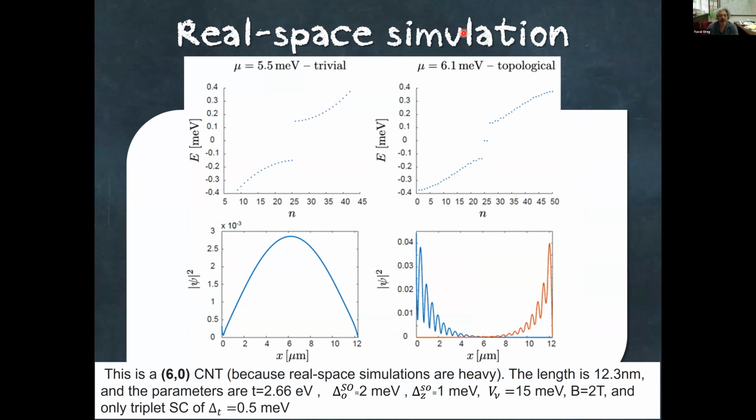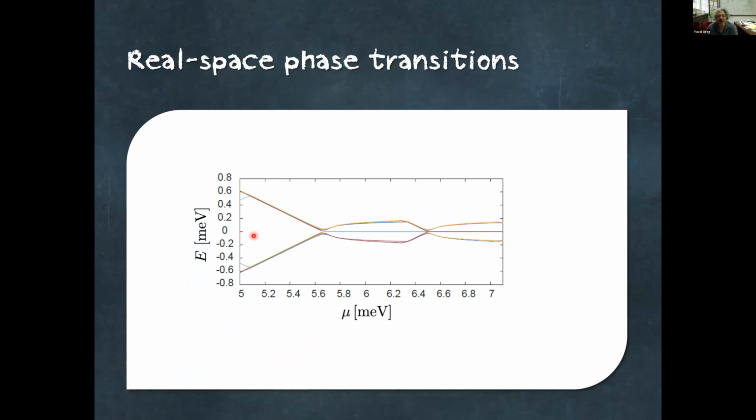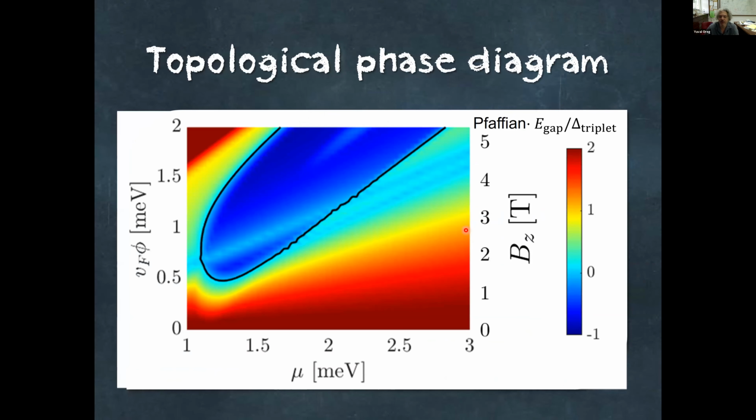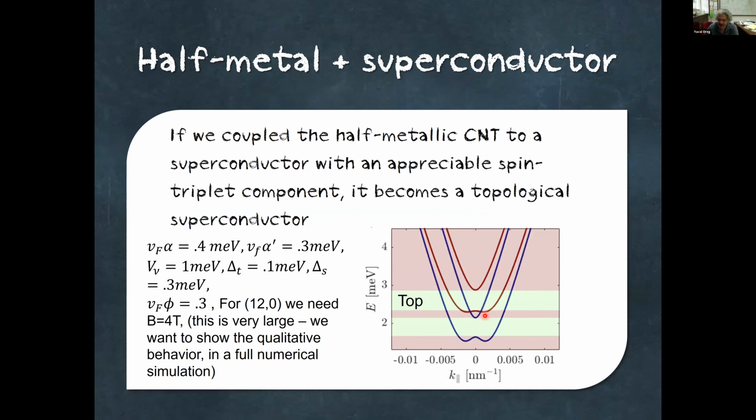So this is a real space calculation of the tight binding, just to show that we get indeed these Majorana modes in this simulation at the end of the wire. And we see all what we saw in many simulations of Majorana systems, that as you change the chemical potential, you see this one topological region, and then because here we have two, as you see here, we have two very close topological states.